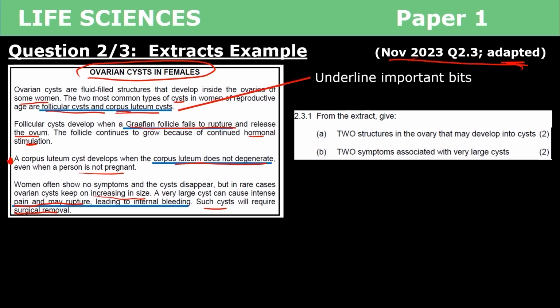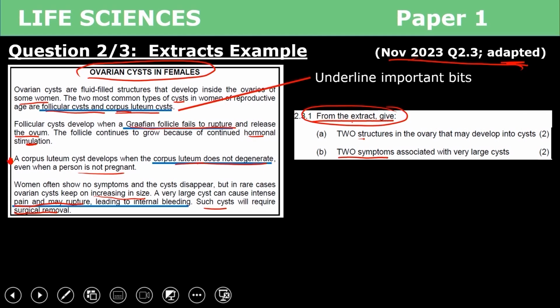Okay, and then we move now to the question. From the extract, give 2 structures in the ovary that may develop into cysts. They told you from the extract. That means you must get your answer from the extract. And then again, from the extract, give 2 symptoms associated with the very large cyst.